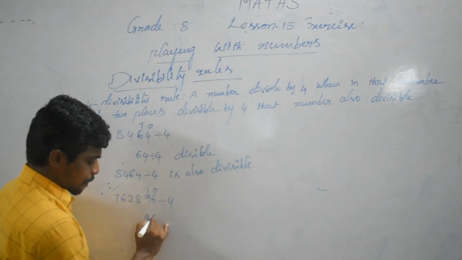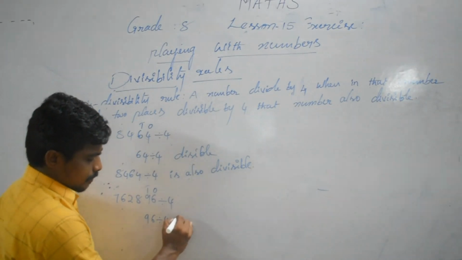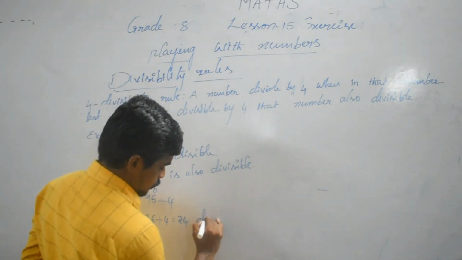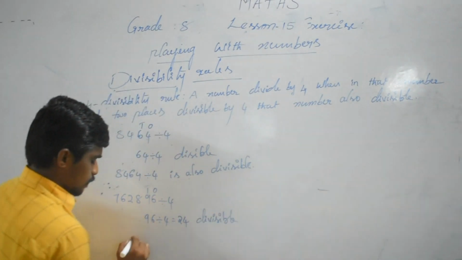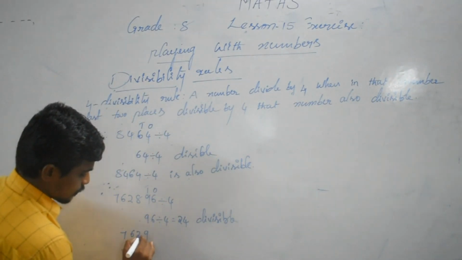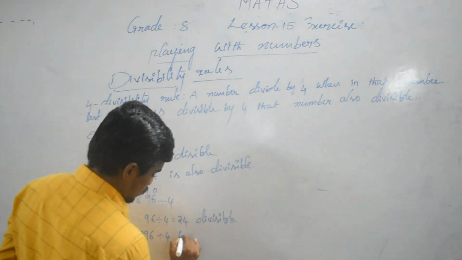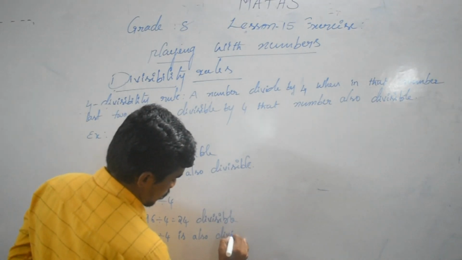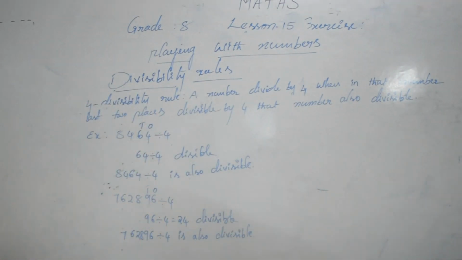You check. 4 twos are 8, 4 twenties are 80, 24 is 4 sixes. 96 is divisible. So 7,62,896 divided by 4 is also divisible.